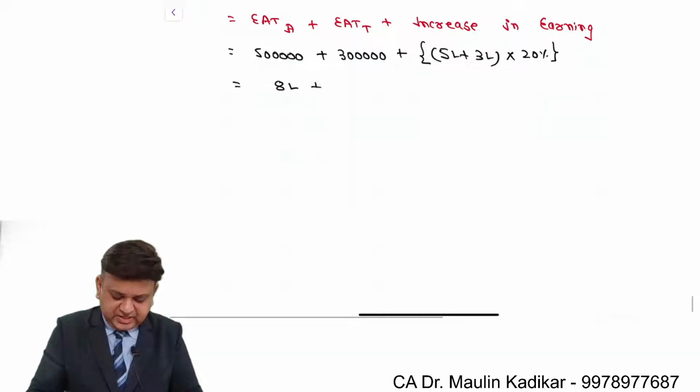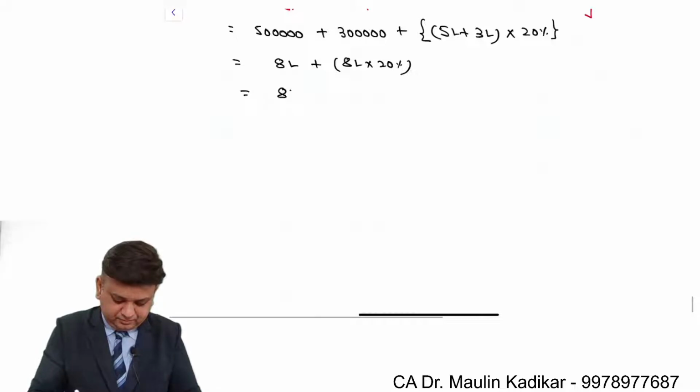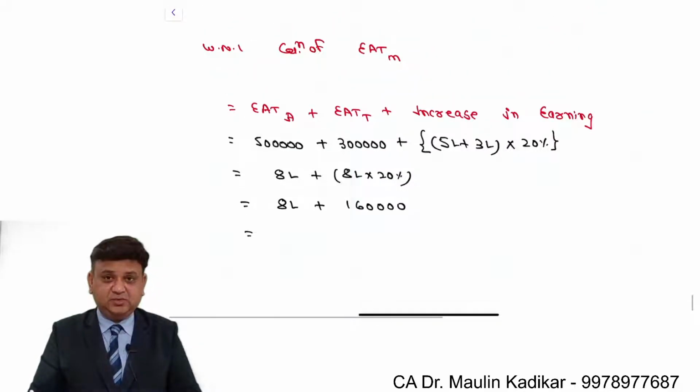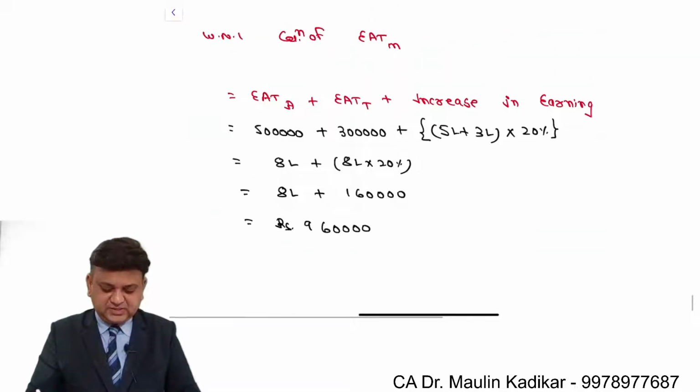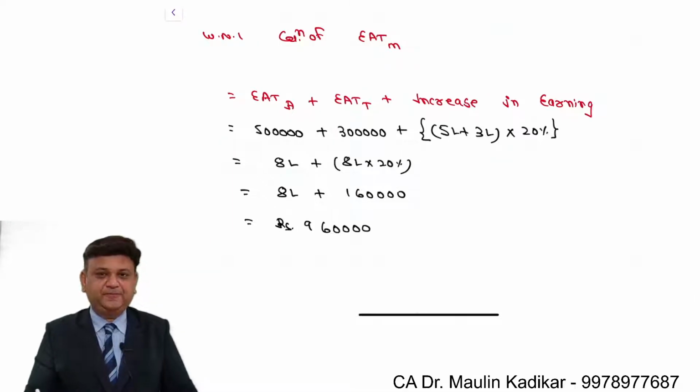So this is 8 lakhs plus 8 lakhs into 20%. That comes to 1,60,000. So the total earning will be an amount of 9,60,000. This is the first working that we understand.